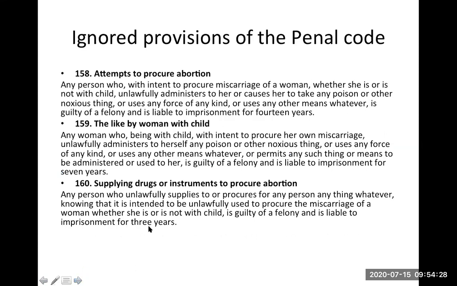She, in her judgment, ignored some important provisions of the Penal Code. The prosecution also ignored these provisions under which Dr. Nyamu could have been prosecuted. Section 158, to procure abortion.